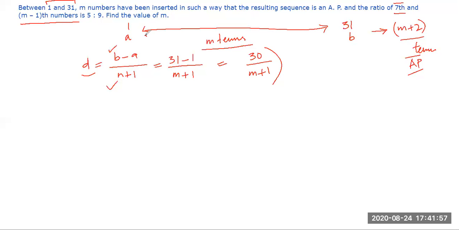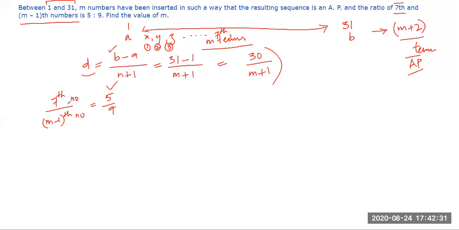Let's say the first number is X, then Y, then Z. This is the first number, second number, third number. Ishma, you understood? From here, the 7th number, so in the AP, it will be the 8th term. So he says the ratio of the 7th number to the m minus 1th number is equal to 5 by 9.